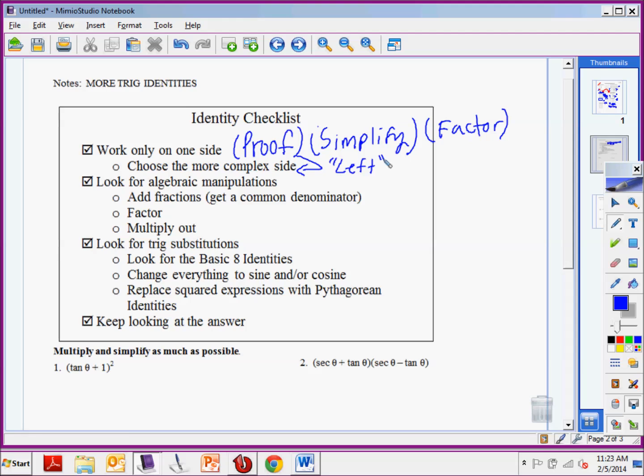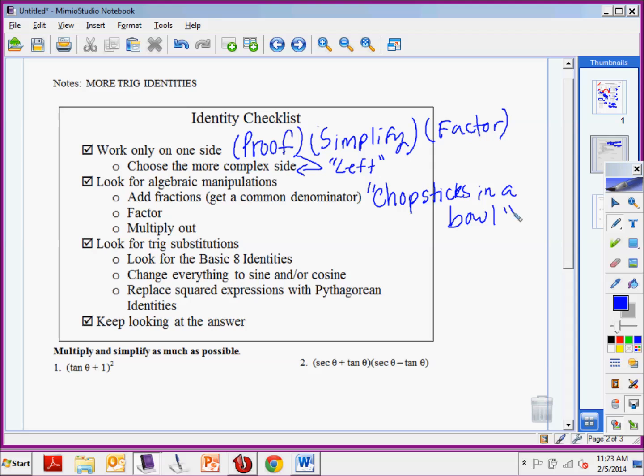Okay, next step is look for algebraic manipulations. So add fractions, aka chopsticks in a bowl. For real? Okay, so if we're trying to find a common denominator, the fastest way to do it is with chopsticks in a bowl. Okay, then look and see what you can factor.